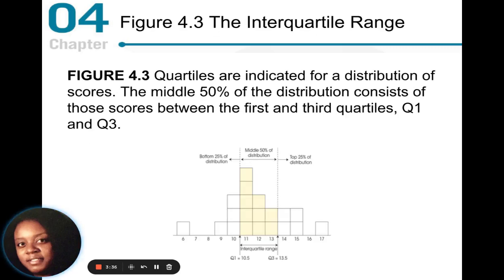If we look at figure 4.3, we can see those interquartile ranges, and we can see how they're indicated for a distribution of scores. We can see that the middle 50% of the distribution consists of those scores between the first and third quartile, as indicated on the chart.